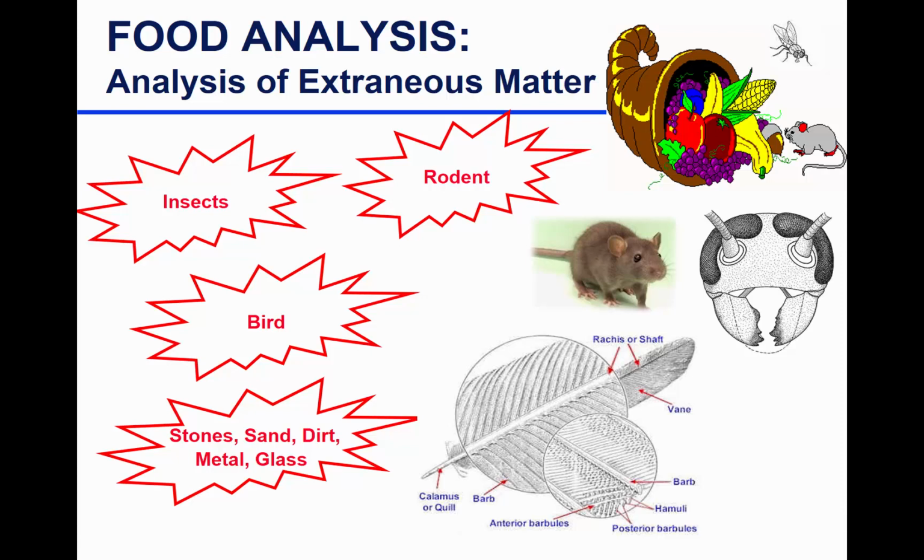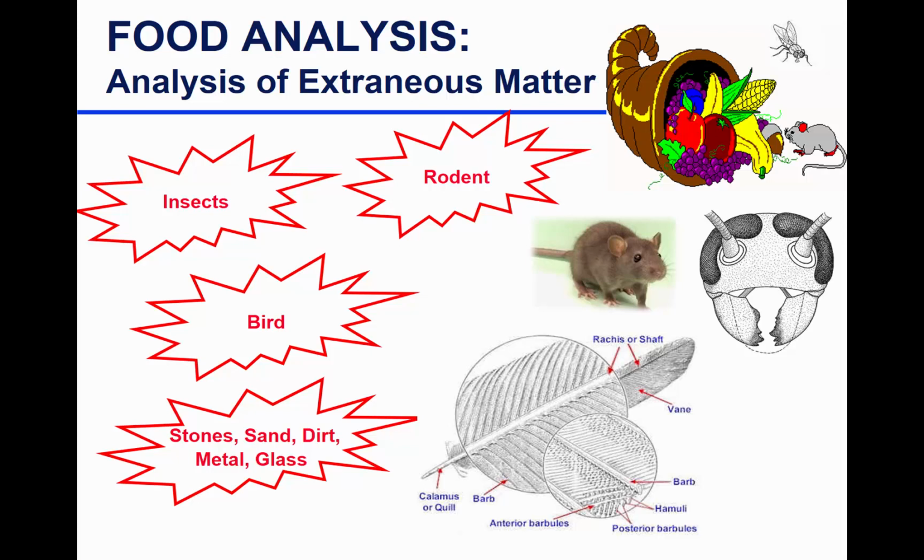Extraneous matter means anything foreign that could wind up in the food, and that can come from insects, insect spores, for example, or whole insects sometimes, rodent hair, excreta, parts of bird feathers or excreta, and then stones, sand, dirt, metal, glass.